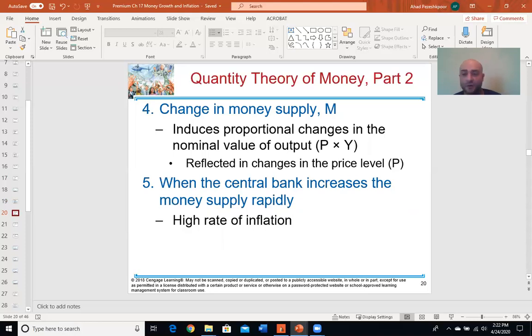Inflation is how fast our money supply is increasing. When they're printing money over and over and over every day, money supply is increasing faster. So inflation would go up.